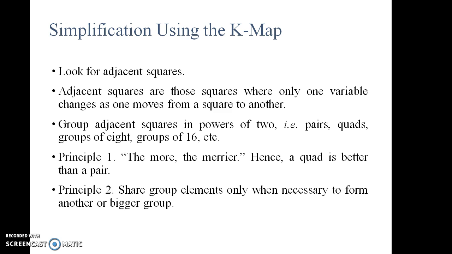Group adjacent squares in powers of 2, that is pairs, quads, groups of 8, groups of 16, etc. The first principle is the more the merrier. Hence a quad is better than a pair, and a quad is better than a pair. Next principle 2: share group elements only when necessary to form another or bigger group.